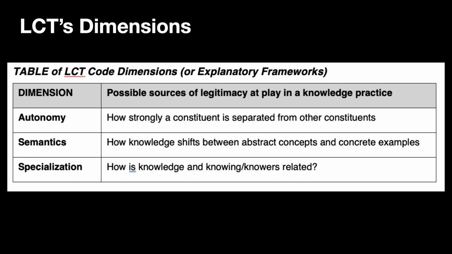Anyway, in the autonomy dimension, the legitimising source is here focused on how constituents of a practice are separated from other constituents within and outside the practice, and the dynamics of their play.